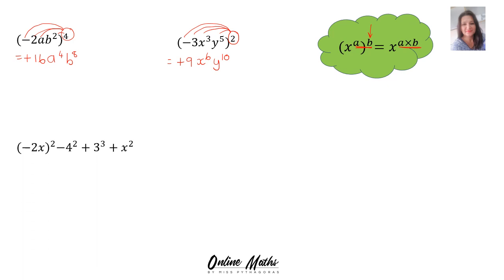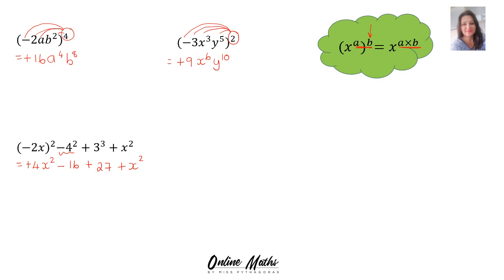On this one, negative 2x squared inside a bracket will become plus 2 squared is 4, and then x squared. And then here, you leave the minus, and it's only the 4 that you have to square. So 4 squared is 16, plus 3 to the 3 is 27, plus x squared.